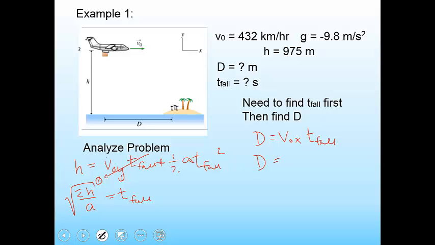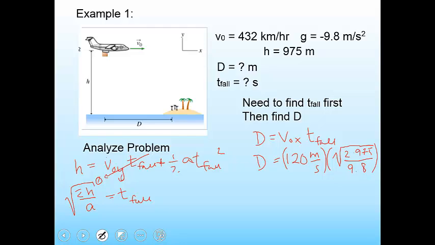v naught x is equal to 120 meters per second. T fall is equal to the square root of 2h, which is 975, put a little multiply sign there, divided by a, which is 9.8 meters per second squared.